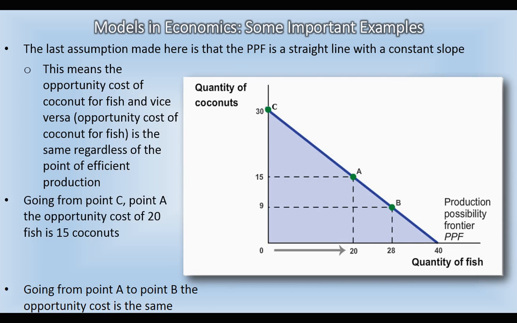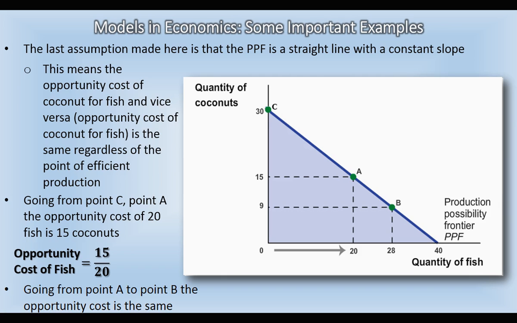So going from point C, which is up here, the intercept, to point A, as we did earlier, the opportunity cost of 20 fish is going to be 15 coconuts, as we said. Mathematically, how do we figure that out?